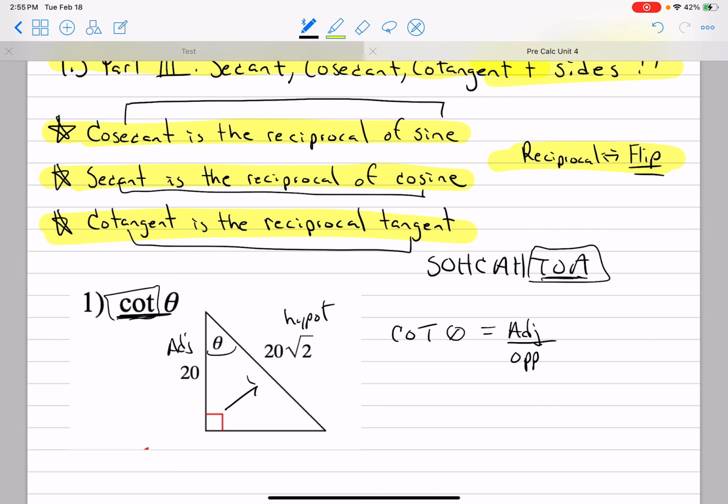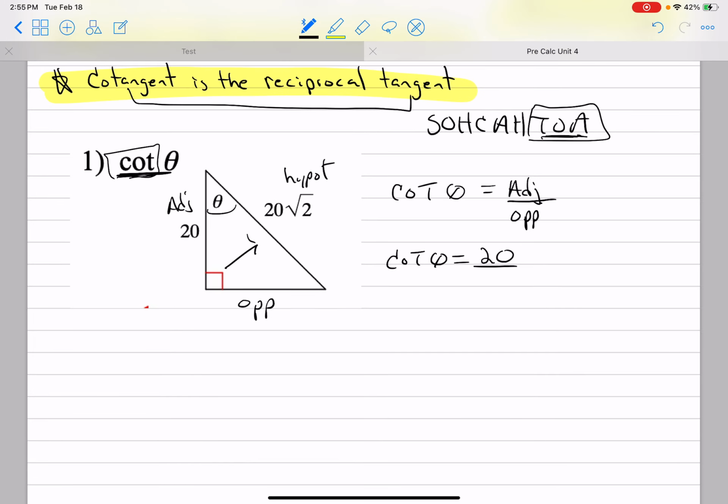So what do I have? I know the adjacent. So the cotangent of theta equals the adjacent, which is 20, over the opposite. I don't know that, so I need to figure out the opposite side. I know that a squared, 20 squared, plus b squared, the thing that I don't know, equals c squared. Remember, c always has to be the hypotenuse.